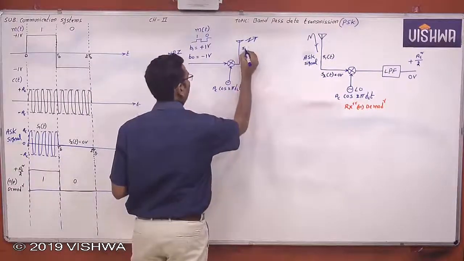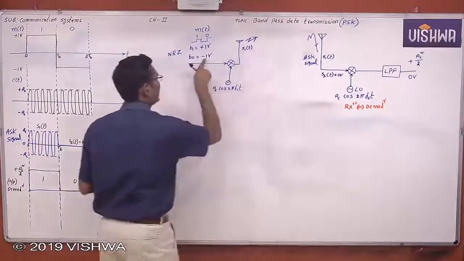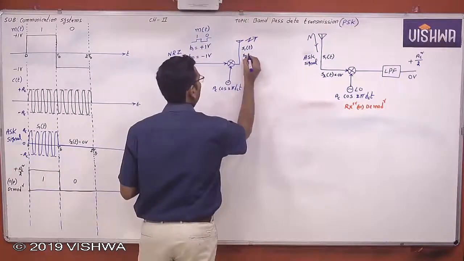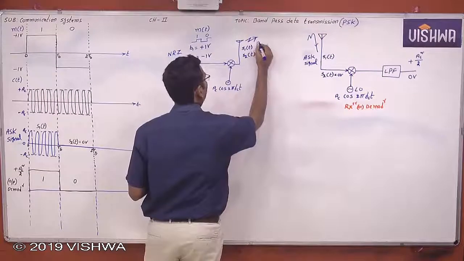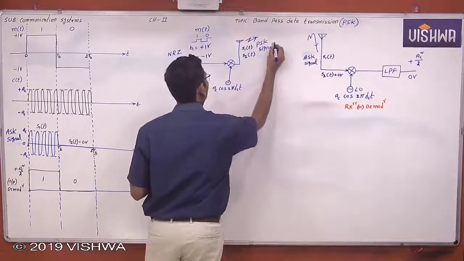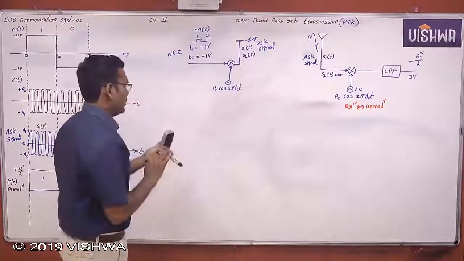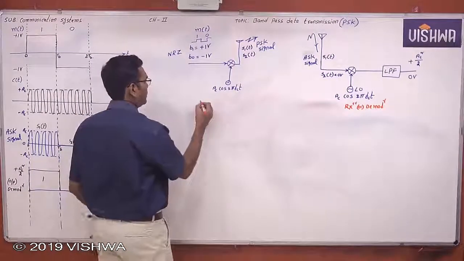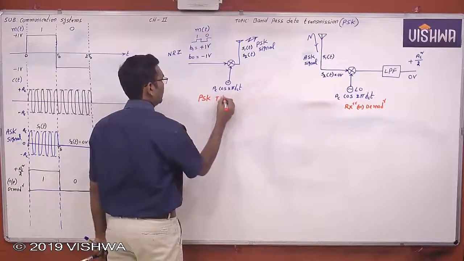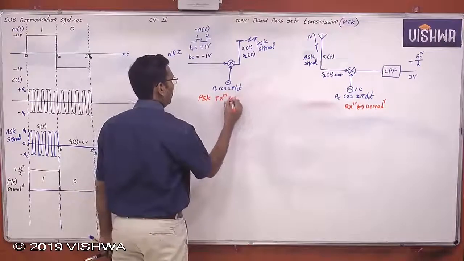This is S1 of t. Minus 1 volt multiplied with Ac cos 2 pi Fc t. This is S2 of t. Now, which is nothing but the PSK signal. Is it right or not? Because now see here, this is the PSK transmitter or modulator.